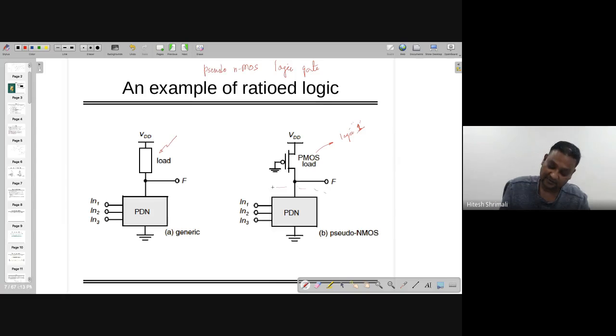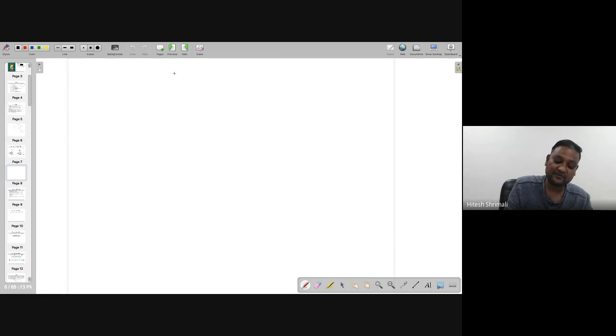Notably, this has been implemented with a power down network, which is made up of NMOS only. That's why we are calling it pseudo NMOS. However, you might be interested in making the pseudo PMOS logic.